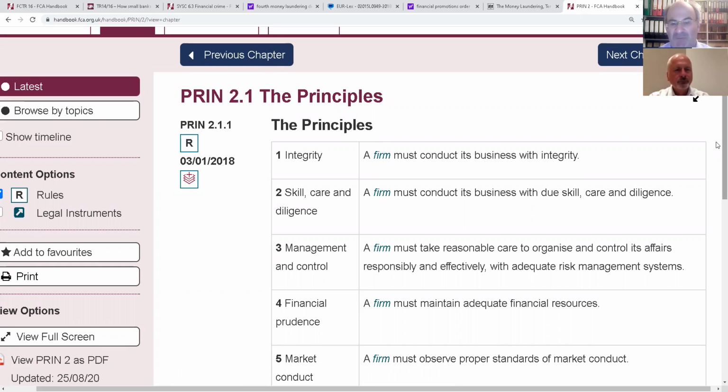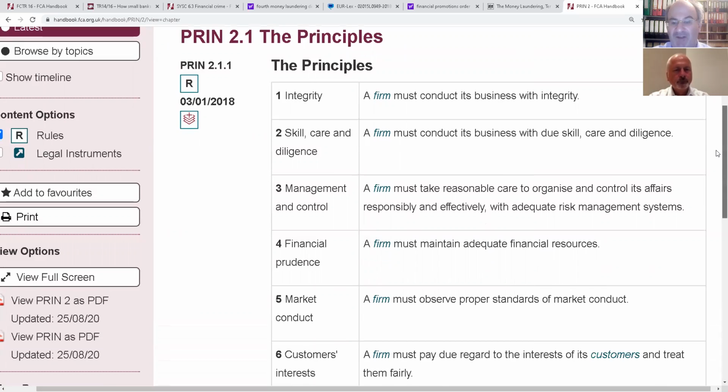Our money laundering reporting officer, or MLRO, would always focus on principle 3, or be expected to by the regulator. So you've got the adequate risk management systems, and a great deal of anti-money laundering work is precisely about that.